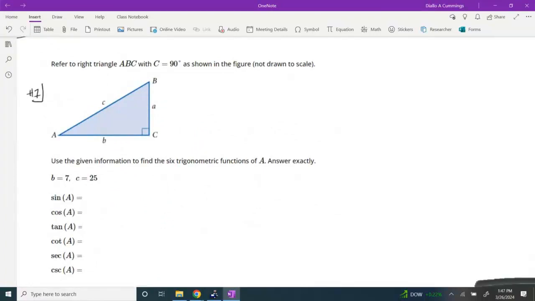It says refer to the right triangle ABC with C equal to 90 degrees. So C is our 90-degree angle as shown in the figure, and it's telling us that it's not drawn to scale. So it says use the given information to find the 6 trig functions of angle A, and we're asked to answer them exactly.